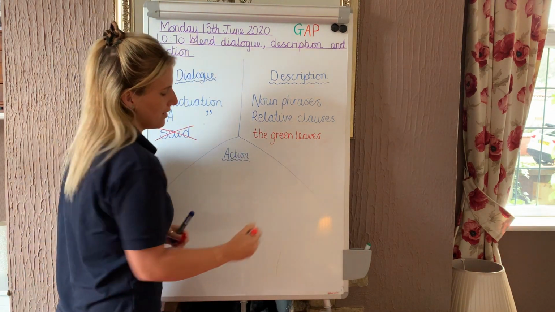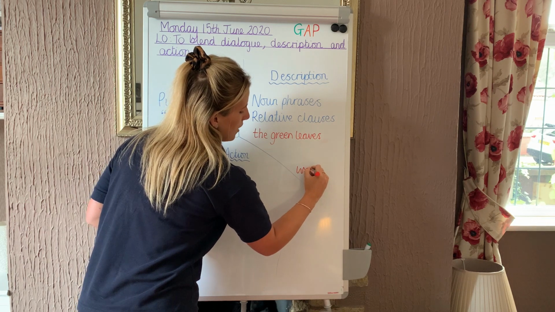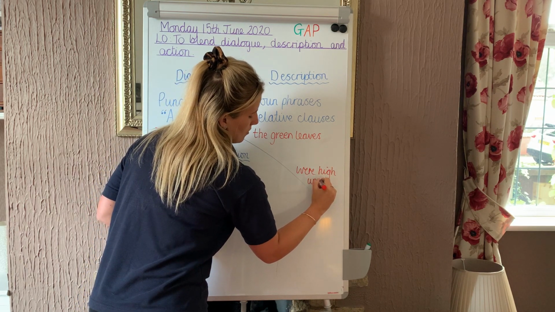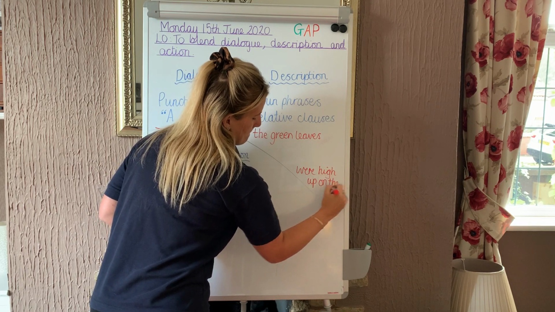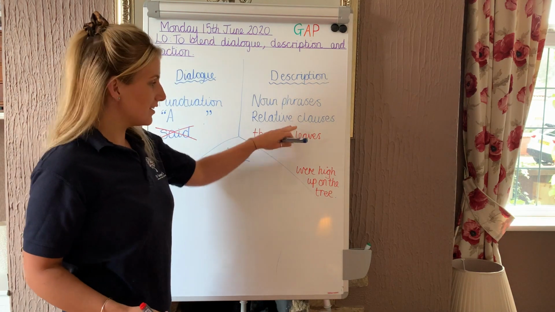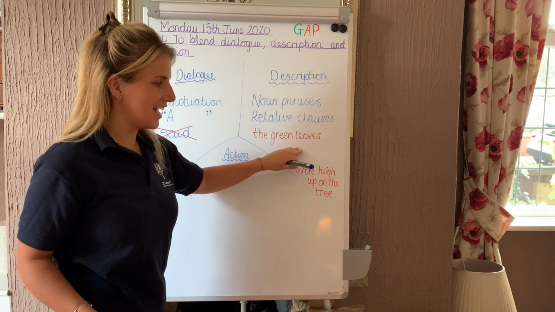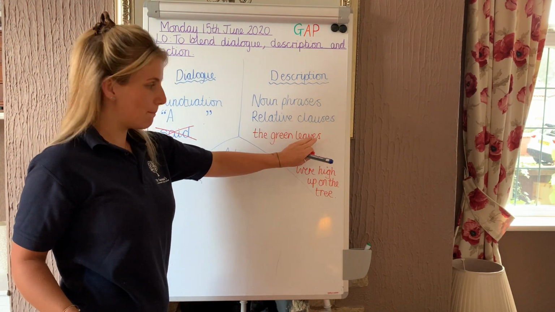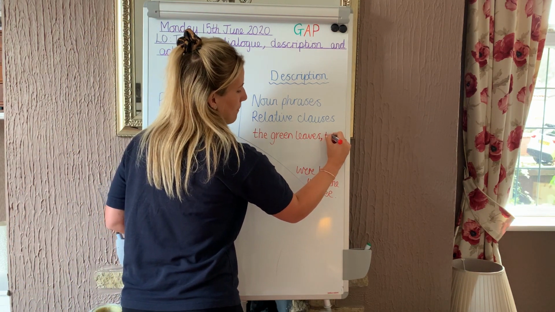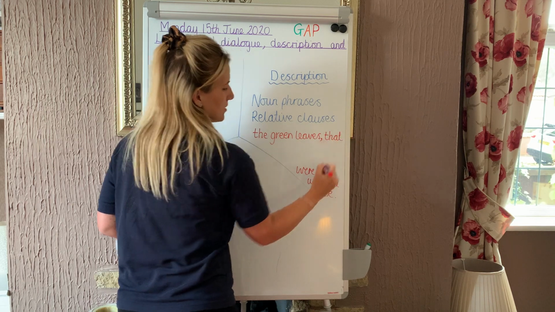So the green leaves were high on the tree. Now, my relative clause is something that I add in about the noun phrase, so about the leaves, about the noun. So the green leaves, and remember, we add our commas.